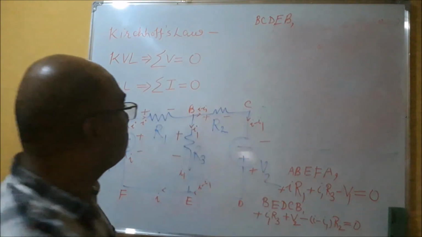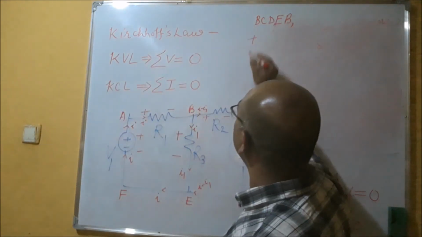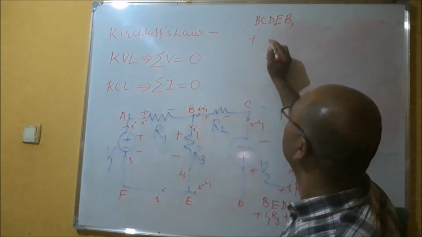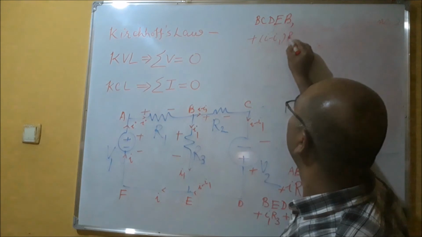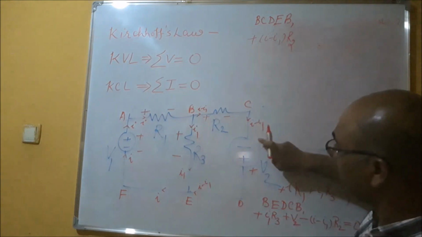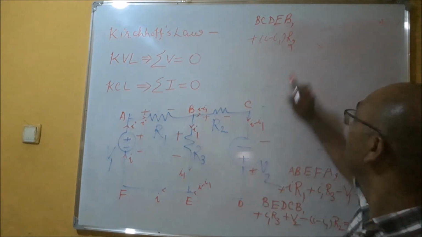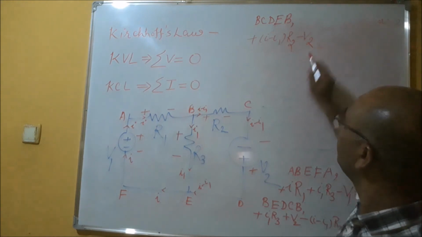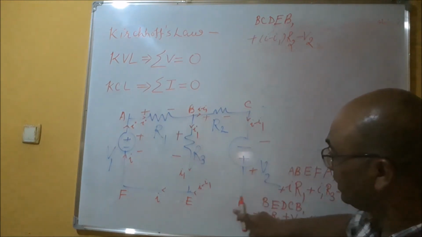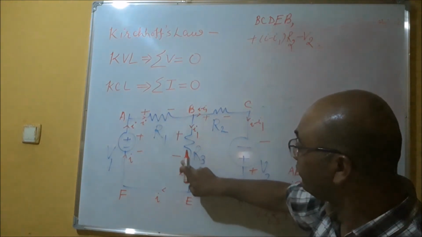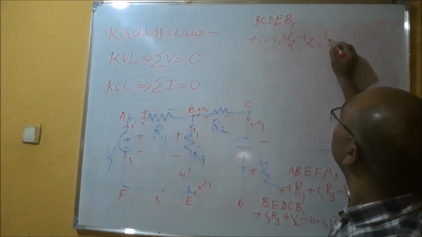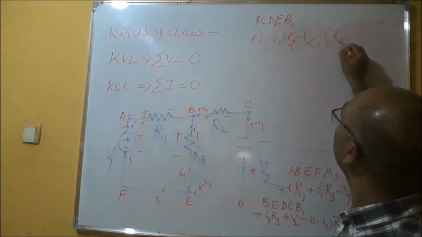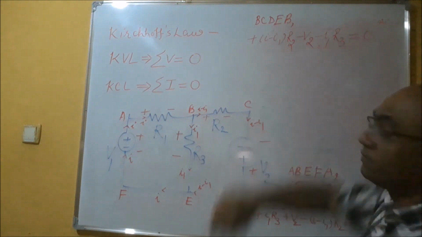So from B to C, the value will be plus, because we are moving from plus to minus, (I minus I1) into R2. Here, what is this? Voltage source. The value is minus V2 because we are moving from minus to positive. Here, we are moving from minus to positive. So, minus I1 R3, and this is equal to 0.